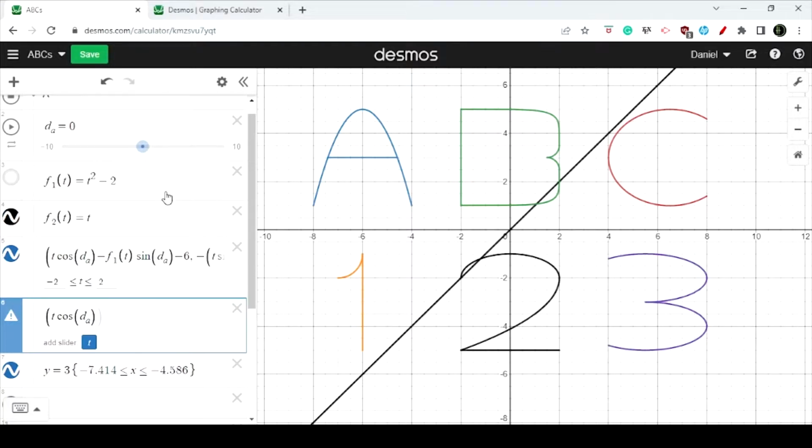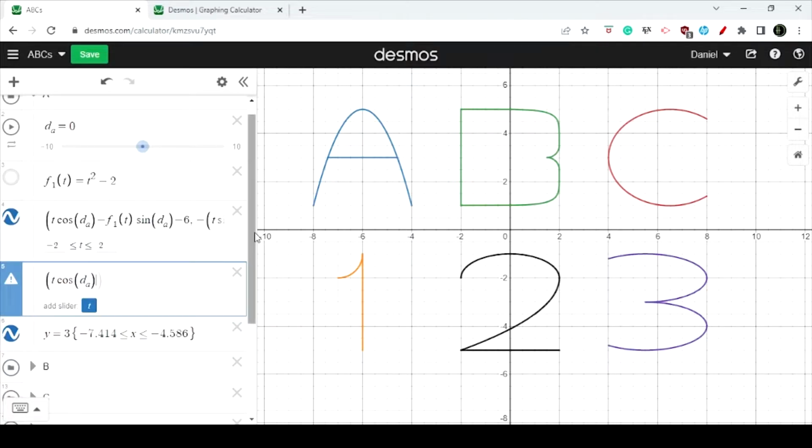What does this f of t translate to? In fact, perhaps for this case, we don't even need to do this since it's really just writing y equals x.